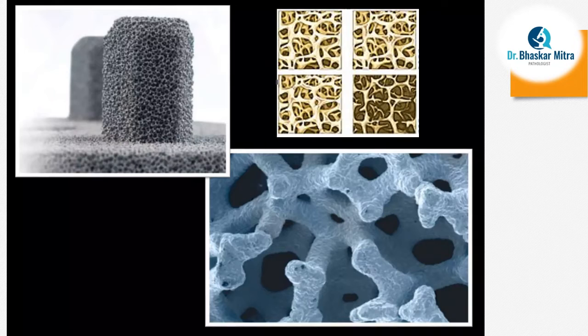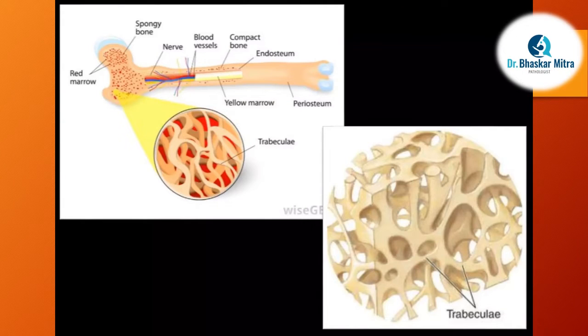This is nothing but the trabecular pattern of structures. In the bones, there are bony trabeculae which make the bone structure. These are the different bony trabeculae we can see in the picture, and these are the different bony structures we can see.